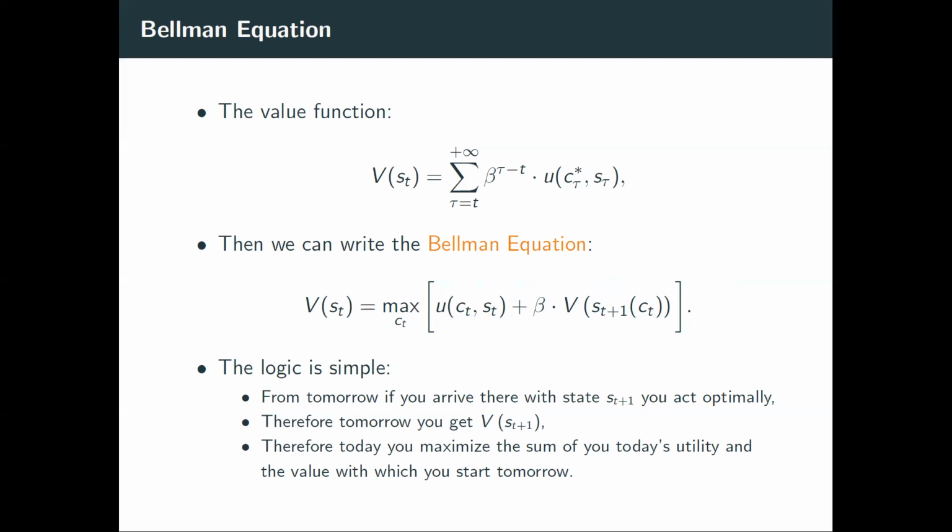You just write that when you behave optimally, you take your choice in such a way that it maximizes the weighted sum between your instantaneous utility and all future utilities, because it affects the state variable with which you will start from tomorrow. Any questions regarding this?